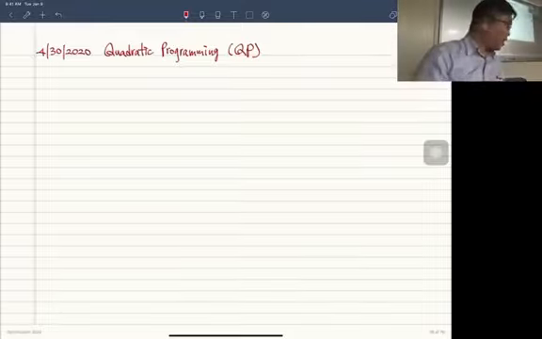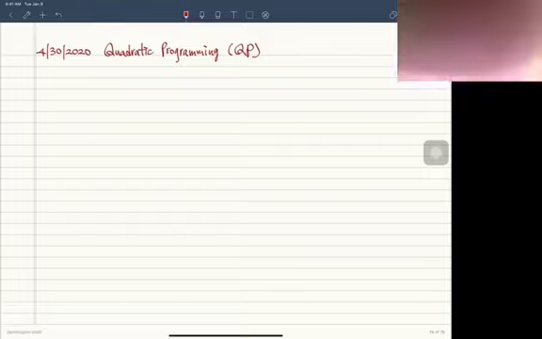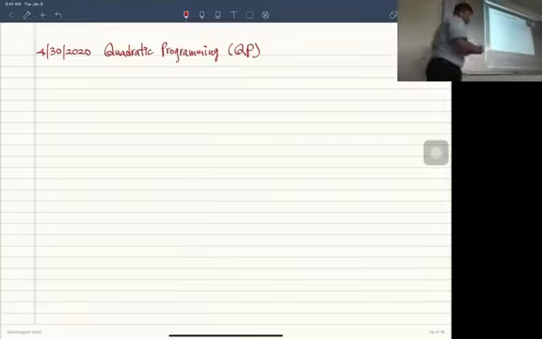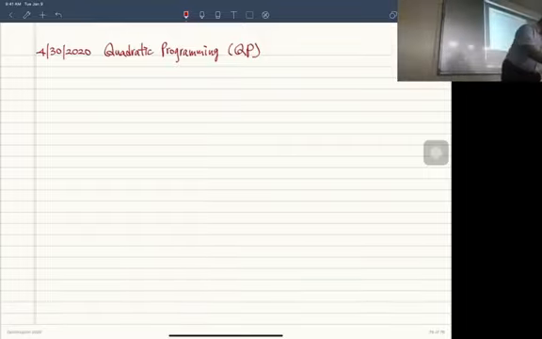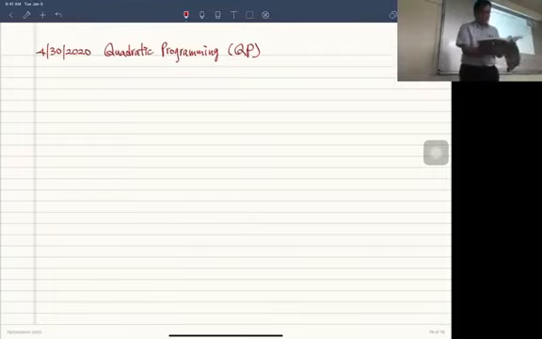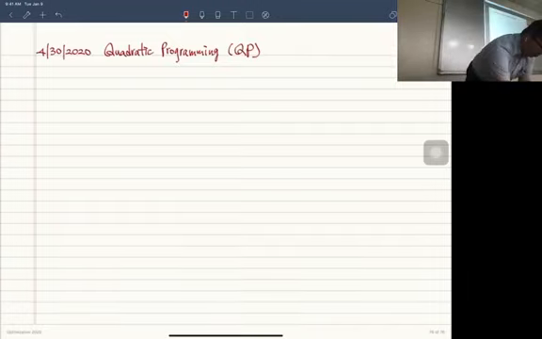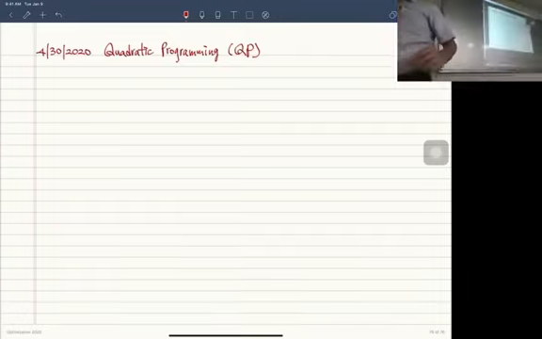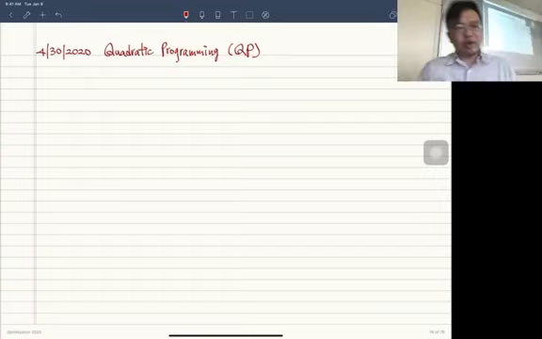Before we do that, we probably need to review some of the important knowledge about constraint optimization from last time. So let me grab my notes. Okay. So let's do a quick review.